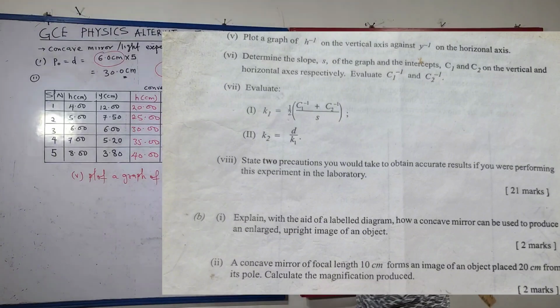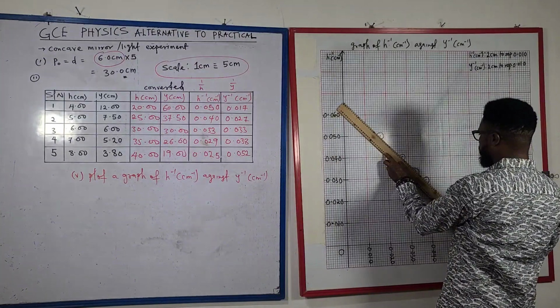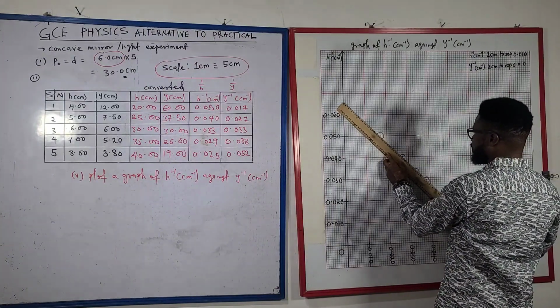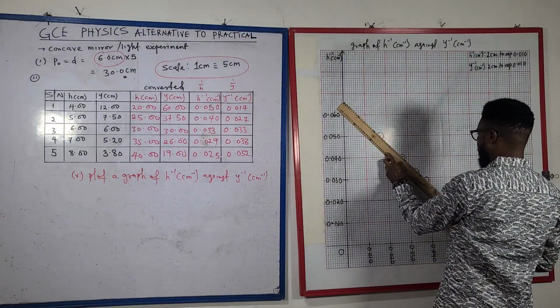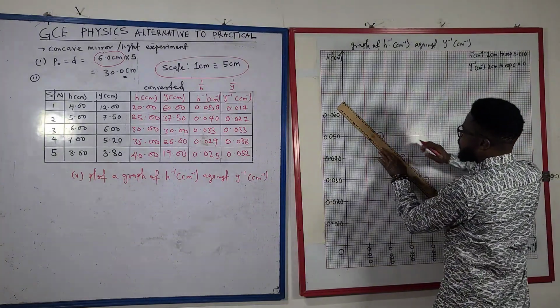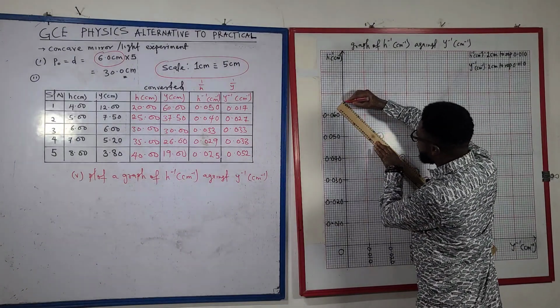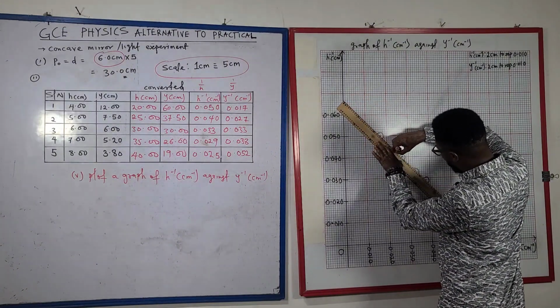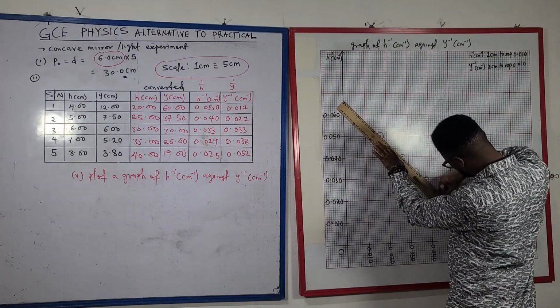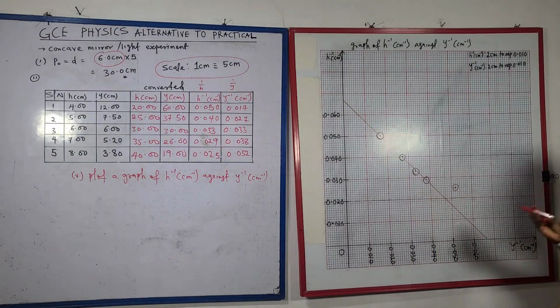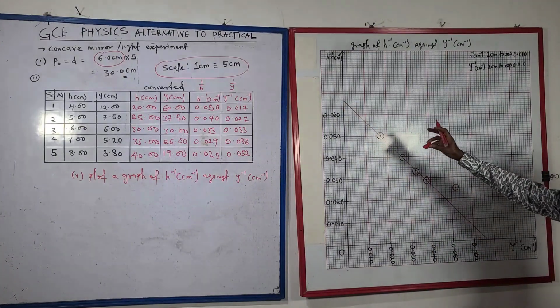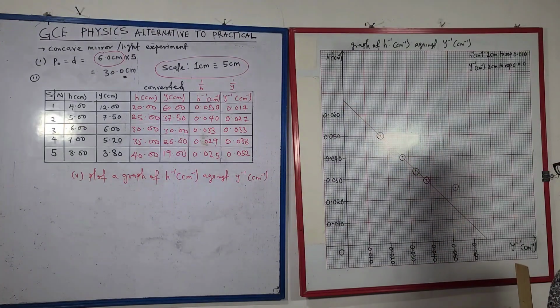So in trying to get the slope of the graph, these 4 points look very feasible. And that way, this is my graph picking up 4 points there.